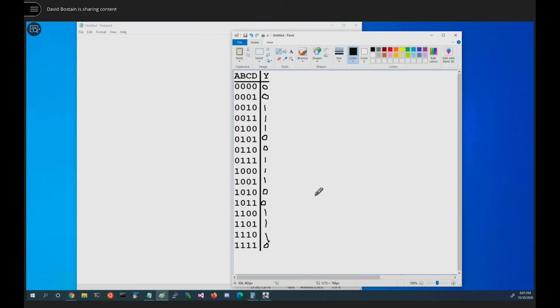And we were told that we need to design this using a multiplexer with 3 address lines. Meaning that our multiplexer has only 3 inputs. And then it has 8 data lines.